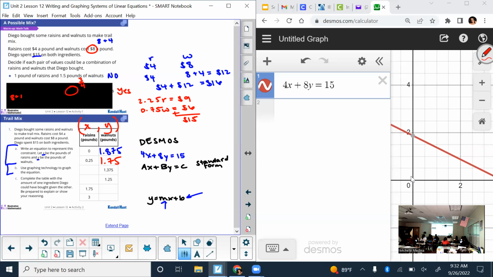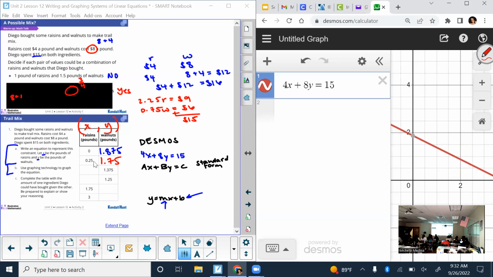So now I'm looking for when y is about 1.375. On my line, look for that. We're looking for the y to be 1.375. Right there. What's the x when y is 1.375? 1. So then that's what I put in my table.